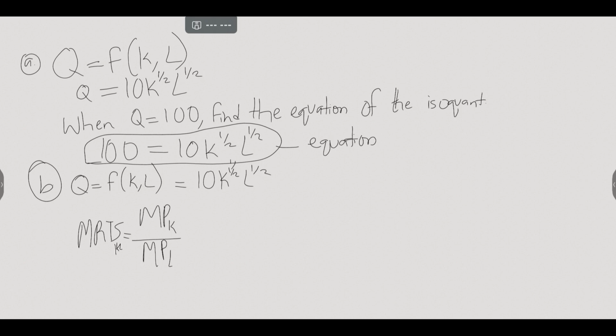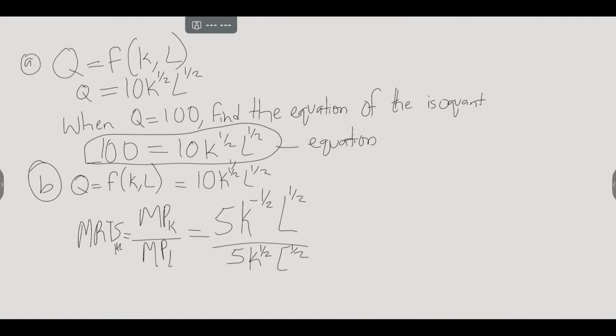So this is the slope of the isoquant, and now we differentiate q with respect to k and q with respect to l. When you differentiate with respect to k, you get half times 10, that's 5k raised to power 1/2 minus 1, which is 5k^(-1/2) l^(1/2), over 5k^(1/2) l^(-1/2).